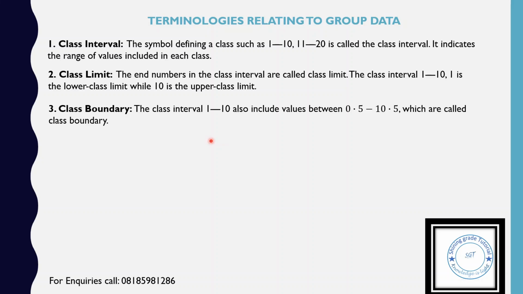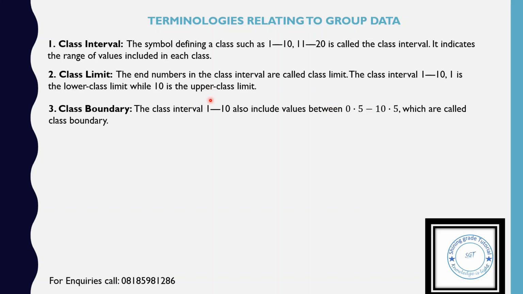Now within a limit, it's possible that we might have a range of values that are very close to each of these limits. Within 1, you can consider numbers that are very close to it. Those numbers that fall within 0.5 can also be considered as a boundary. So we can make the lower limit start from 0.5.